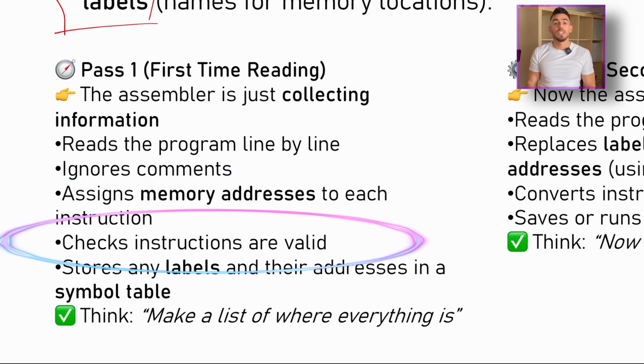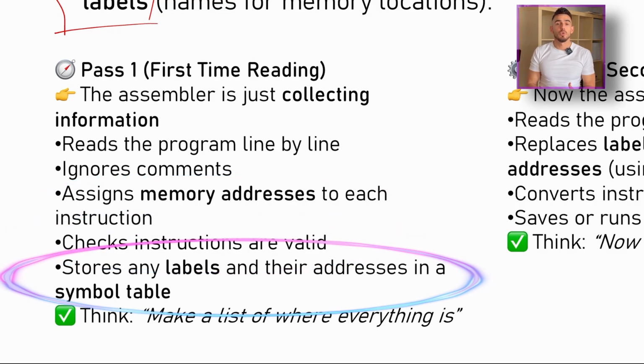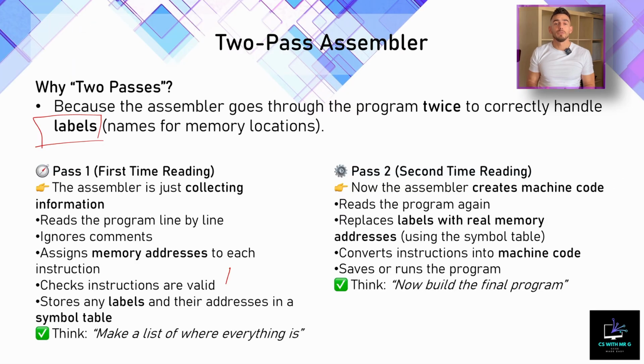It makes sure that the instructions are valid and then stores any labels, which we've just mentioned, in what we call a symbol table so that we can come back and get the addresses of those symbols in the second pass. So in the process before, which was add total, total will be stored in the symbol table so that on the second pass, we can go and get the total from its actual address in memory.